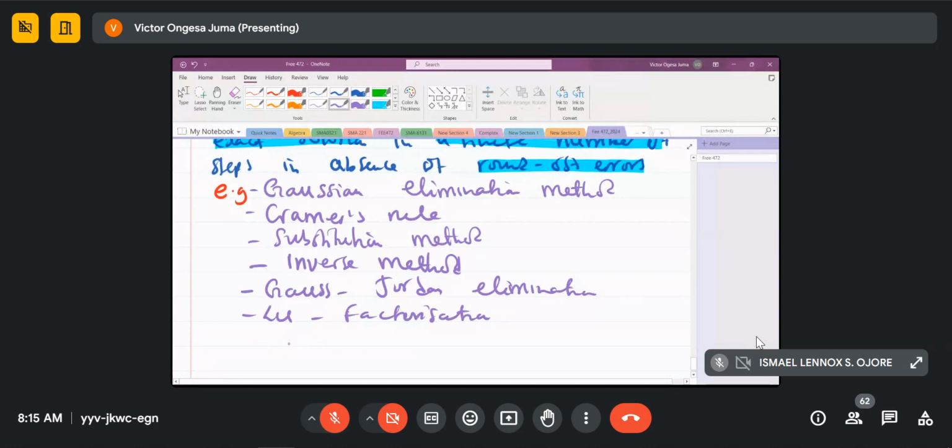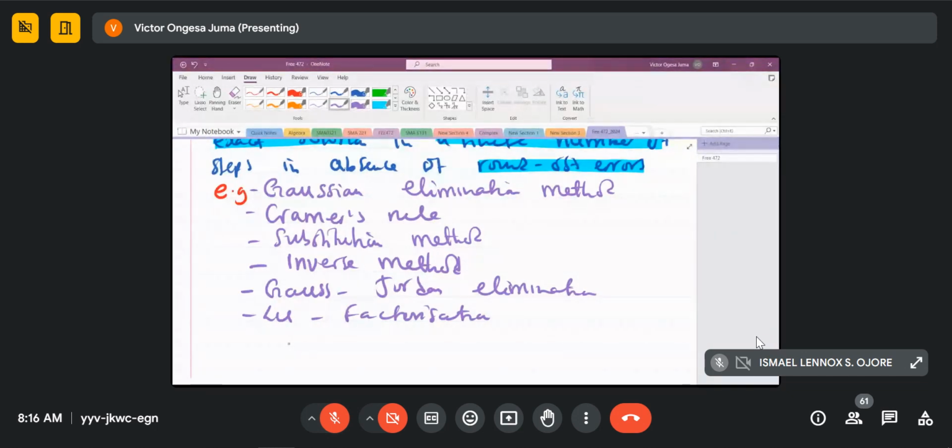When you decompose into lower and upper triangular, it makes it easier to solve. If you have a lower or upper triangular matrix, it's very easy to solve. You either use back substitution, or you start with forward substitution. You start from above going downwards or from below going up. Triangular matrices are very easy.